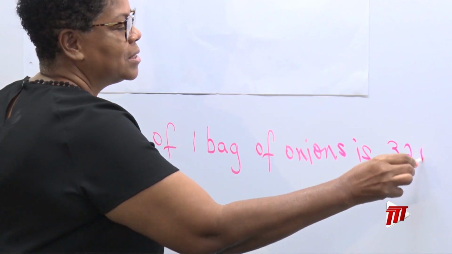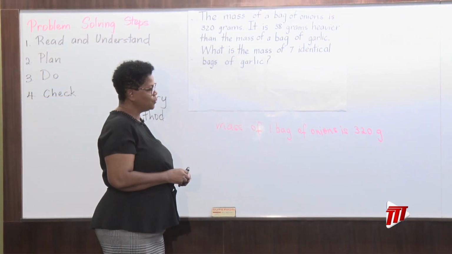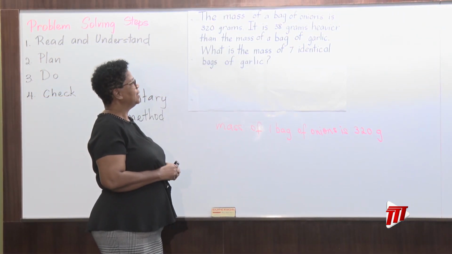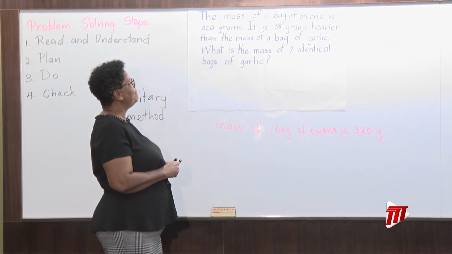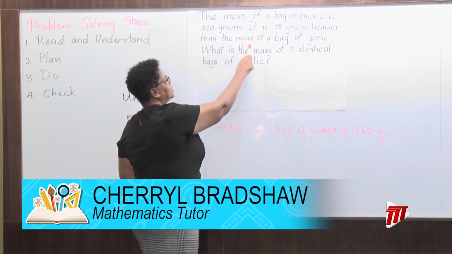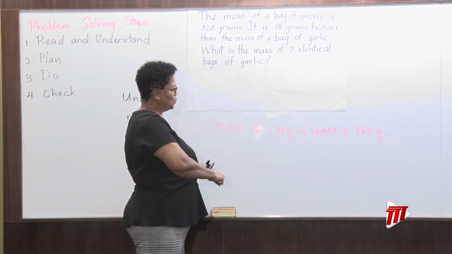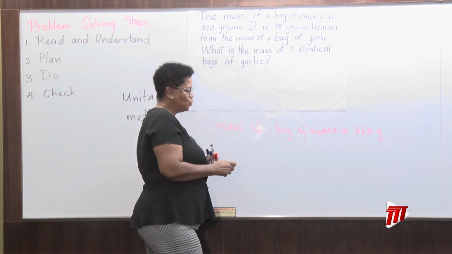The bag of onions is 320 grams. I'm putting G for short. We know that that G represents grams. And we also know that this bag of onions is heavier than the mass of a bag of garlic. So I'm going to draw a little bar diagram to show you that.